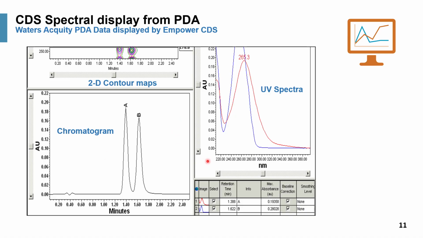And also the UV spectrum is automatically annotated with the lambda max, and you can see the UV spectrum also by positioning your cursor in the software.